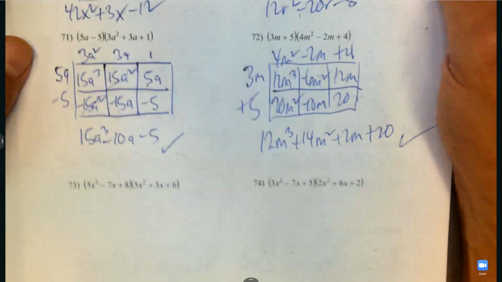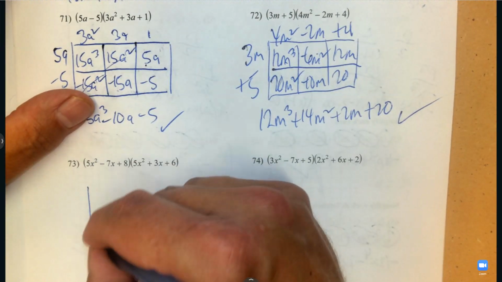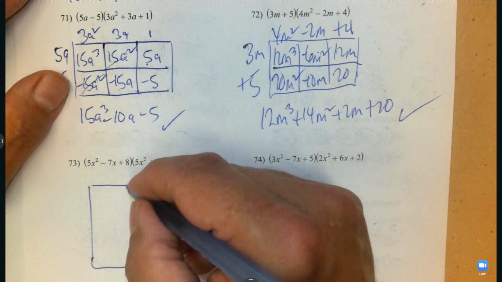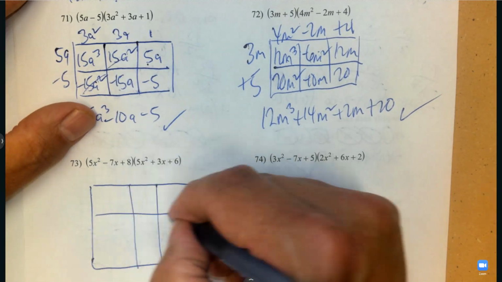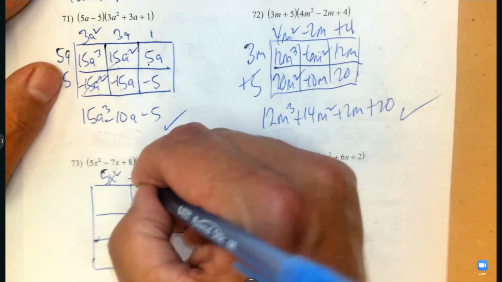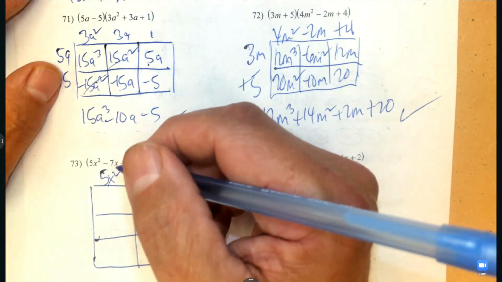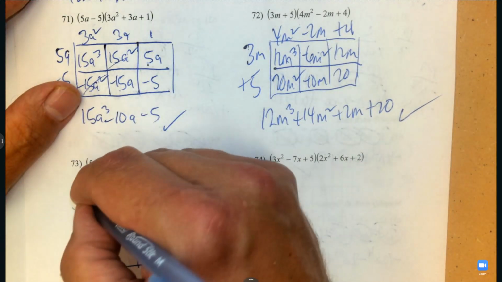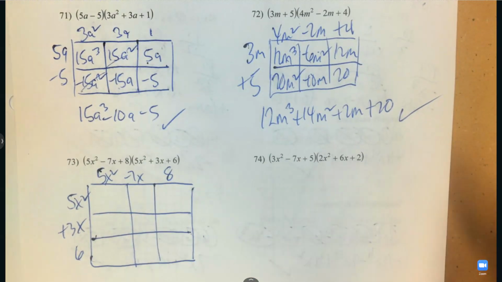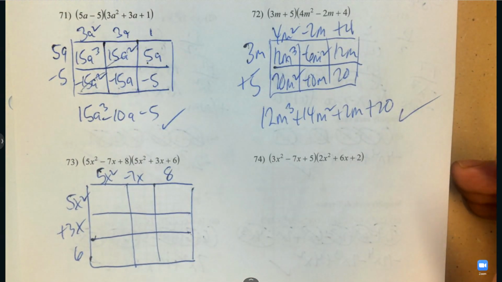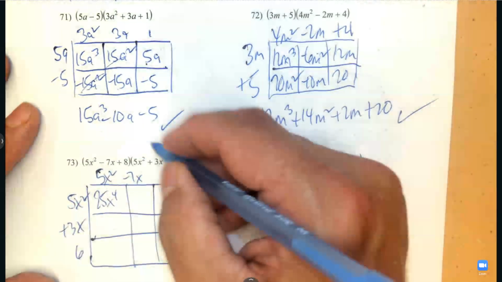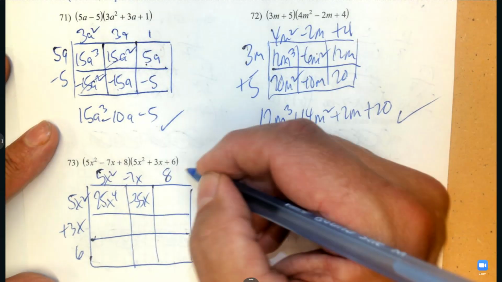All right, 73. Write it out. Just double checking I'm writing it correctly. So 5 times 5, and then add the exponents. 5 times negative 7.